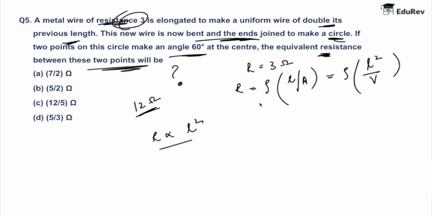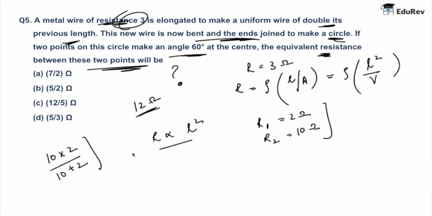So if this is the new resistance, then R1 is 2 ohm, R2 is 10 ohm. Then the required resistance is going to be nothing but 10 into 2 upon 10 plus 2. That is nothing but 5 by 3 ohms. And that is the answer.